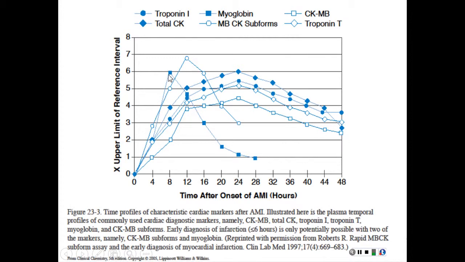Obviously, this one would be a great initial marker, and this is your myoglobin, and as it dissipates, talking about the first day. Often patients do not present to the ER until the following day, so myoglobin would have already been reduced.